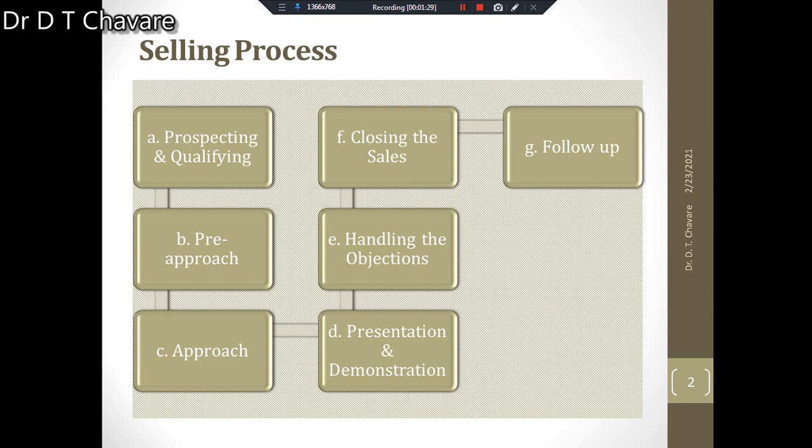Another theory is the depth theory. This theory states that if more and more information is given to the customer about the product, about the manufacturer, about the sales organization, about the pricing, about the other substitutes, and all such, then prospective customers become more and more ready to purchase the product.